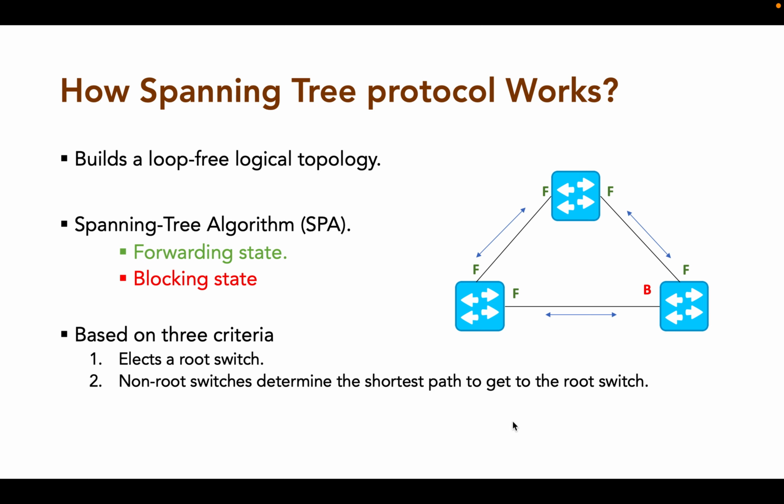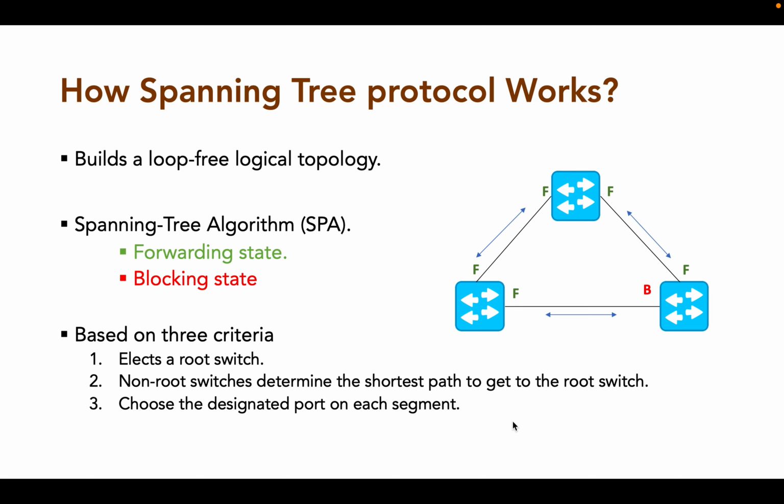Third, on the shared Ethernet segment, the switch with the lowest root cost, or best path to reach the root switch, is placed in forwarding state. You can call this switch a designated switch, and its interface is called a designated port. All other interfaces are placed in blocking state and will not forward frames.